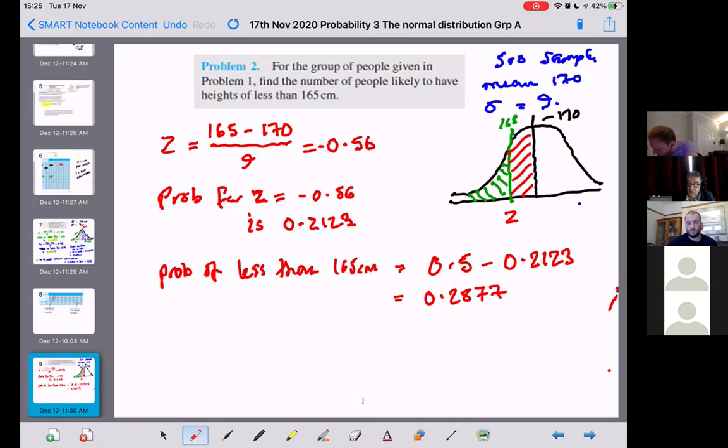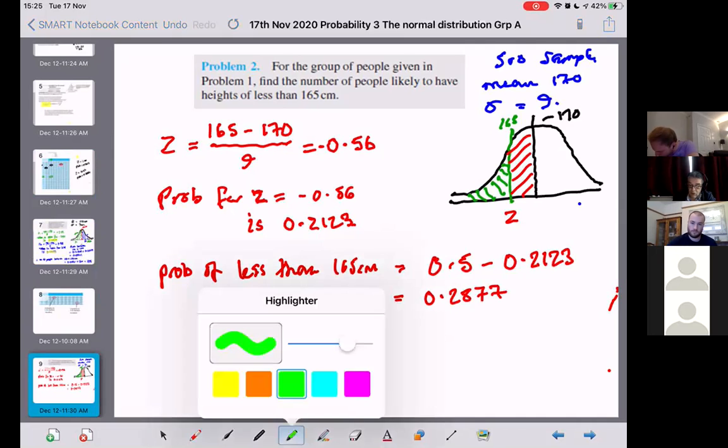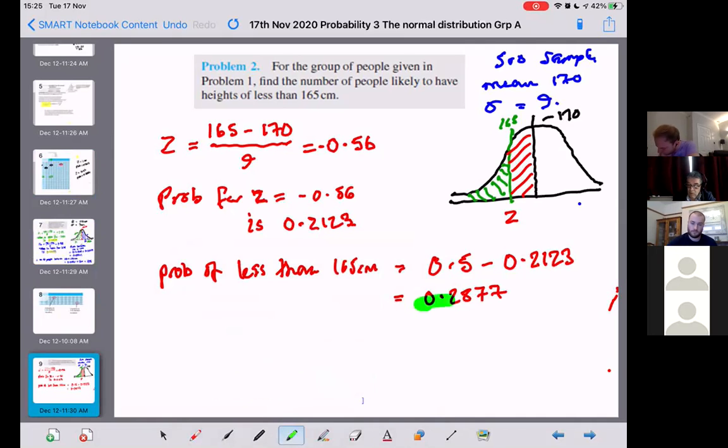So that represents the green bit. Let's highlight that in green. That represents the green area.